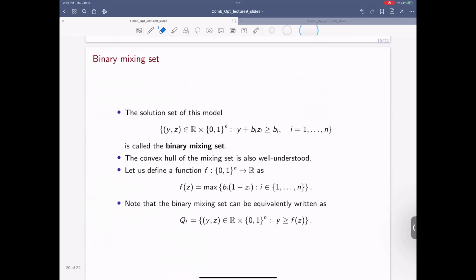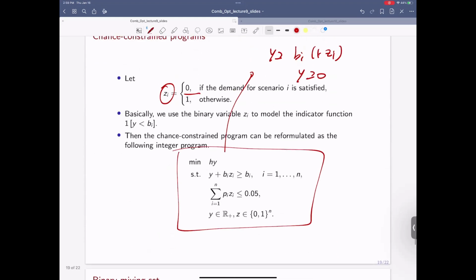That's based on looking at the set of solutions satisfying this. We take these binary constraints and these inequalities, and forget about the constraint limiting the failure probability.